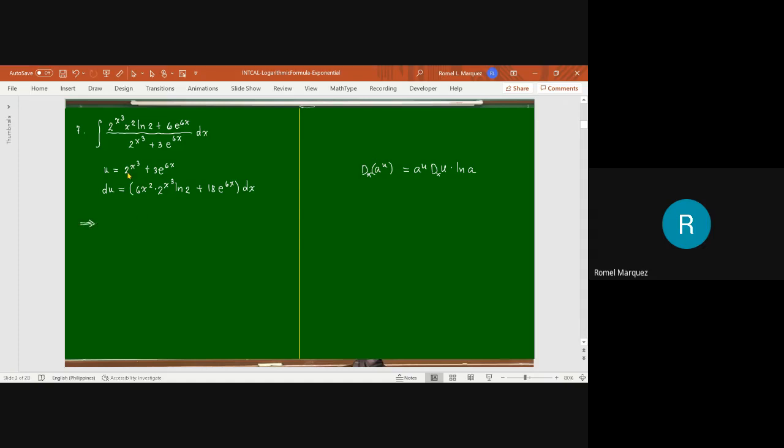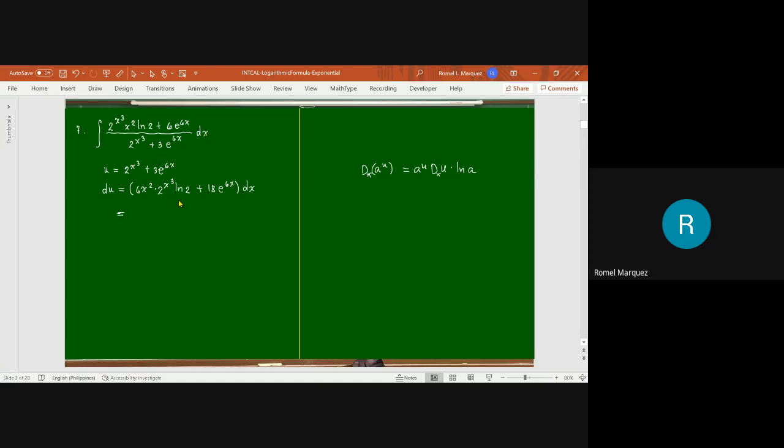So, out of this, we get the integral of. What do we need, guys? Let's manipulate the du first. Is the numerator right as it is?